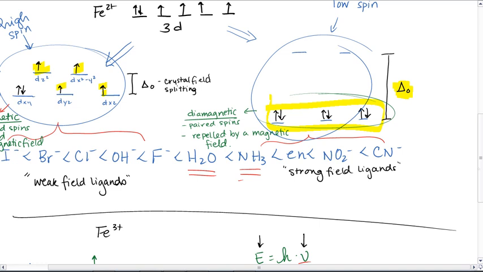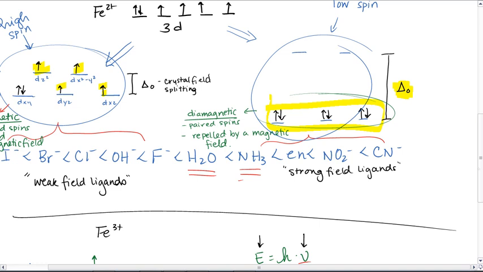So there are going to be cases where, for example, zinc. Zinc is in many cases not defined to be a transition metal at all. Because one of the things that defines a transition metal is to have not completely filled d orbitals.